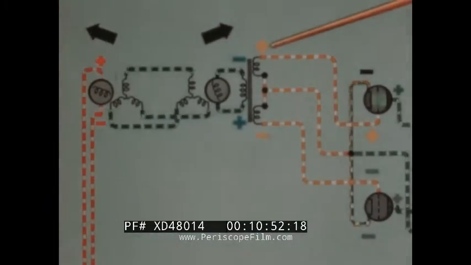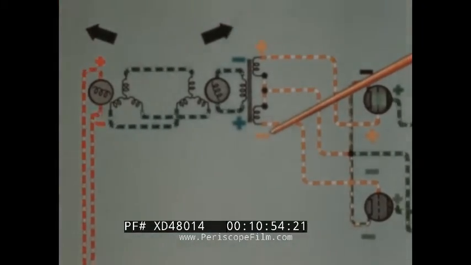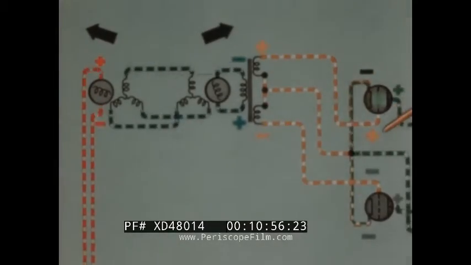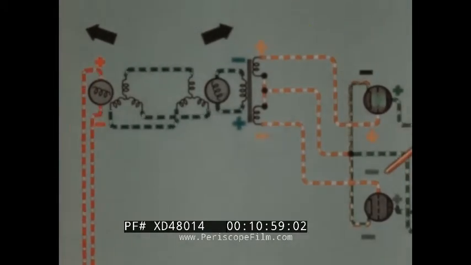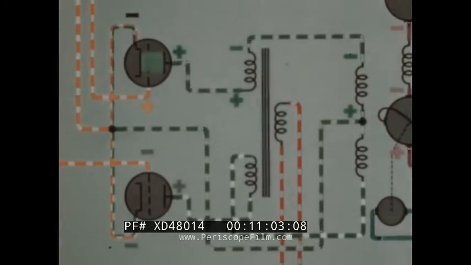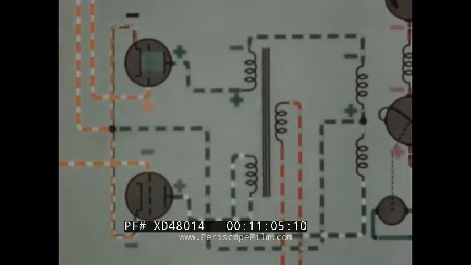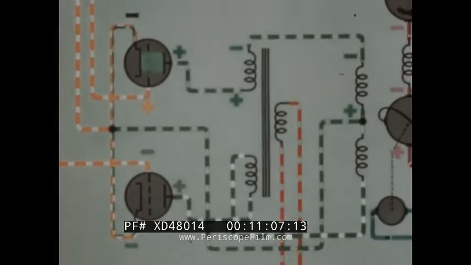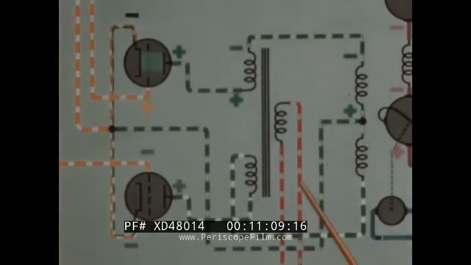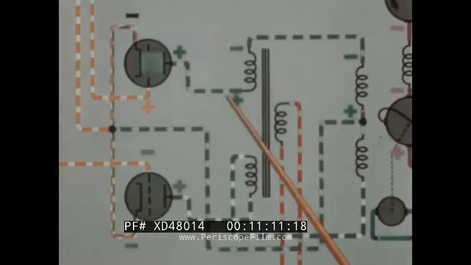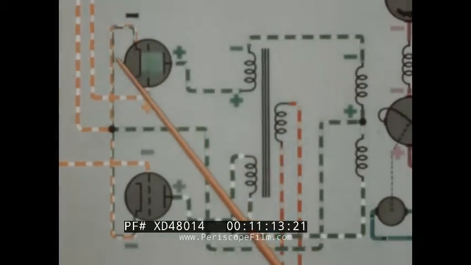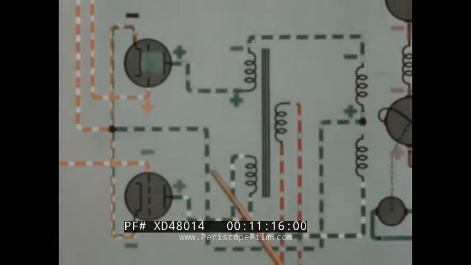A movement of the sight in the opposite direction reverses the polarity of the signal voltages. This changes the polarities on the grids of the tube. And now, the upper tube acts in effect as a closed switch, passing current from the transformer through the upper amplidyne field coil.